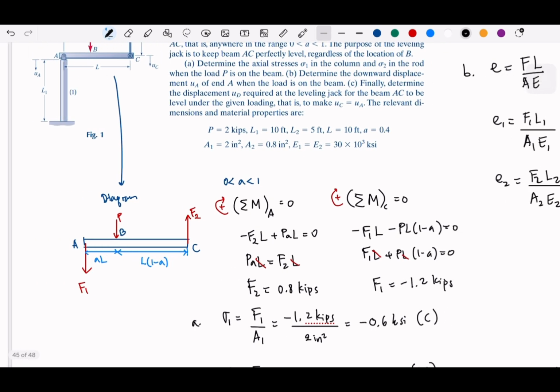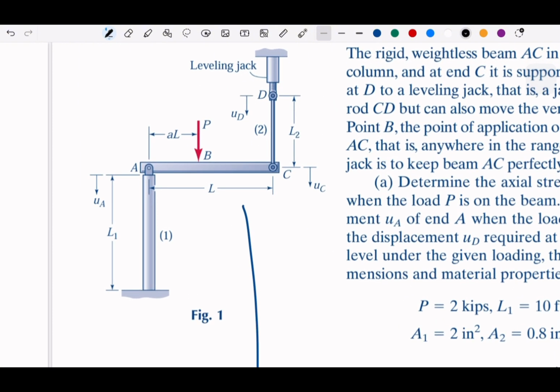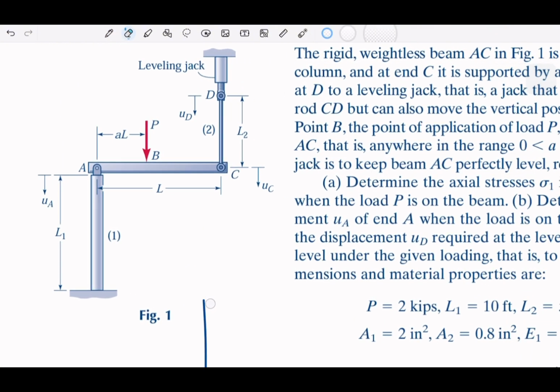And E1, if you see from this part here, the material 1, is basically the displacement of UA, but negative, right, shortened. And E2 is basically this and that displacement.